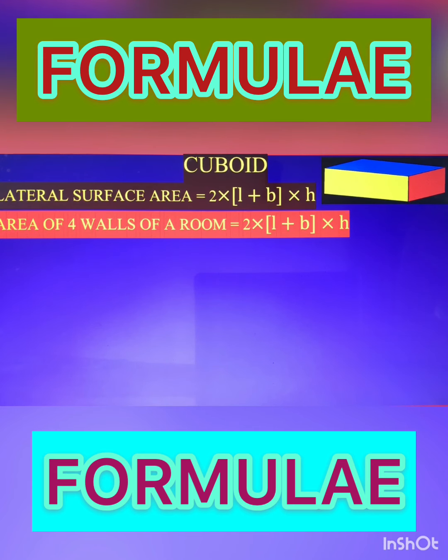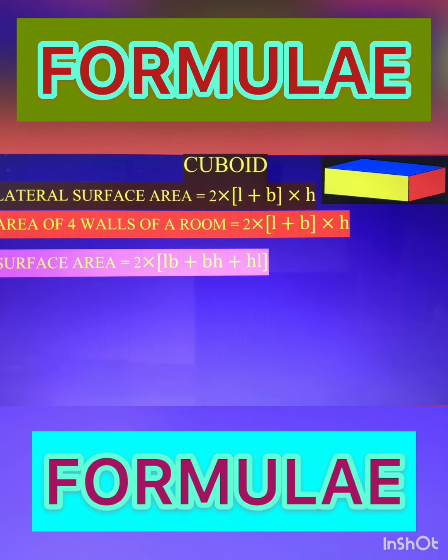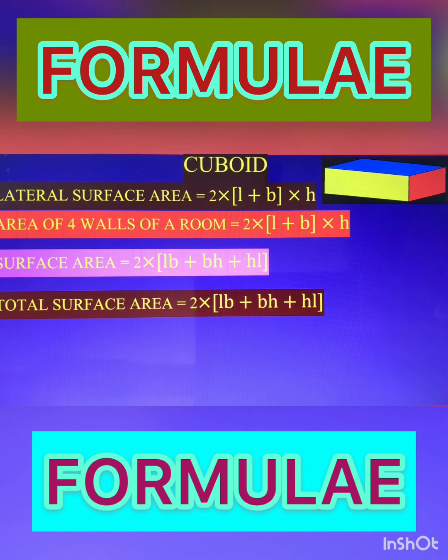After that, the surface area of the cuboid is 2(LB + BH + HL), and the total surface area of the cuboid is also the same, 2(LB + BH + HL), meaning total surface area and surface area of the cuboid are the same.